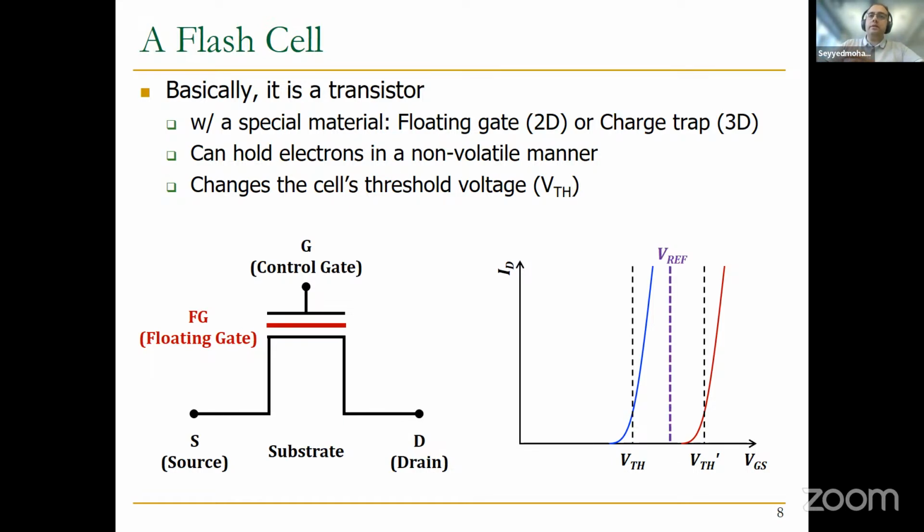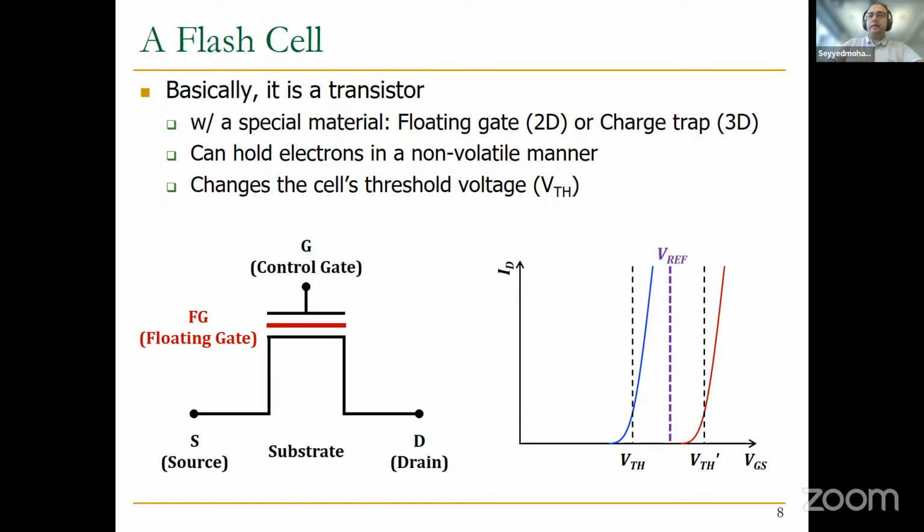So in order to see whether your flash cell has been programmed or not, what you need to do is just apply a reference voltage. That reference voltage should be something between the normal threshold and the high threshold voltage, which we have when we program a flash cell.